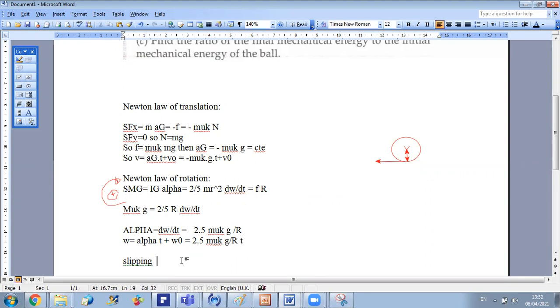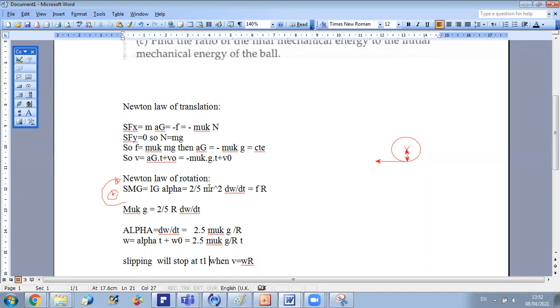So slipping will stop when v becomes equal to omega times the radius. So if I replace in this relation, we'll stop at time هنسميه t1. Okay, we'll stop at time t1 when v equals omega r.